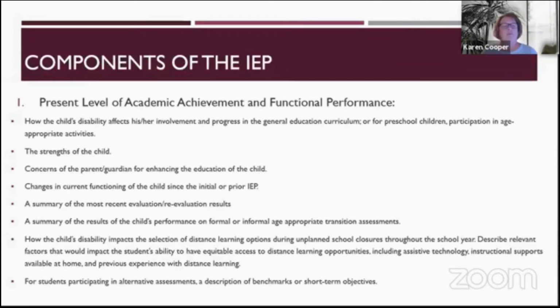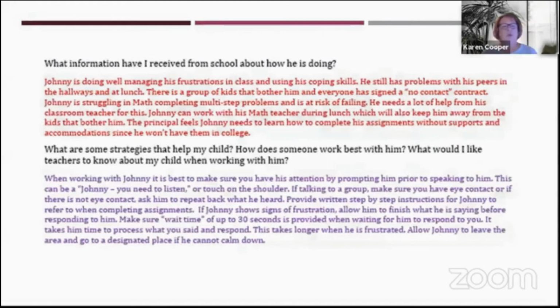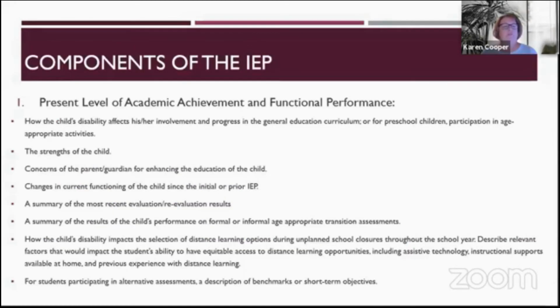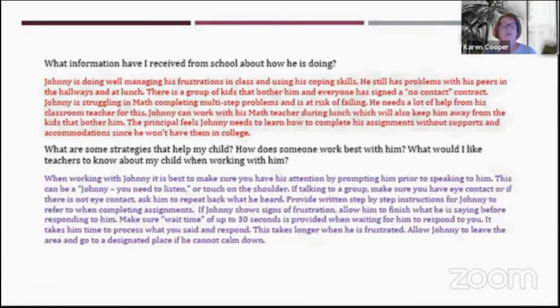Okay, back to the components of the present level of the IEP. Oh, I should have said, the next section after the concerns of the parent is changes in current functioning of the child since the initial or prior IEP.